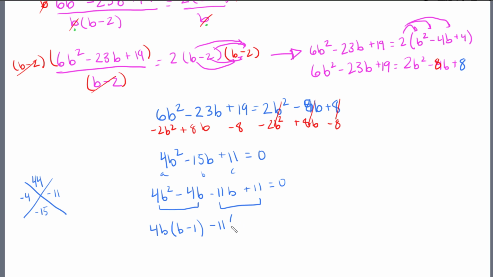Here's why. If I take out a negative 11, that leaves me with just a b for the first factor, and changing the sign leaves me with a minus 1 as the second factor. So if I distributed that back through, I would get plus 11. And that gives me the same leftovers, which is what I'm looking for when I factor by grouping.